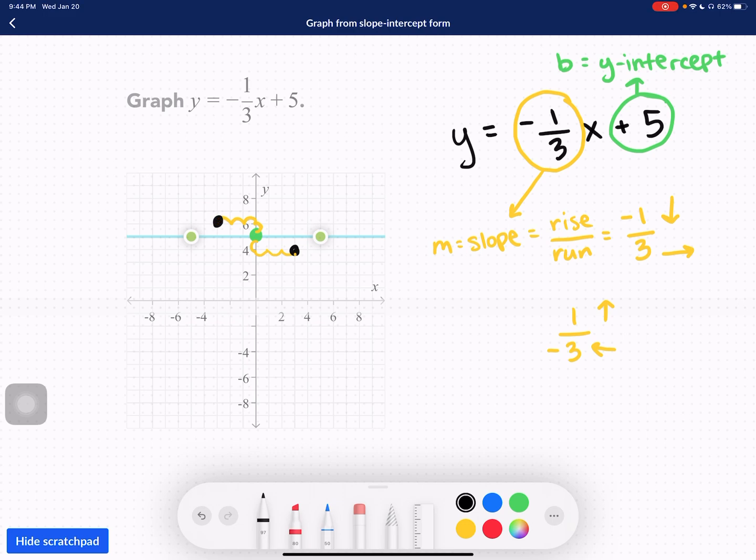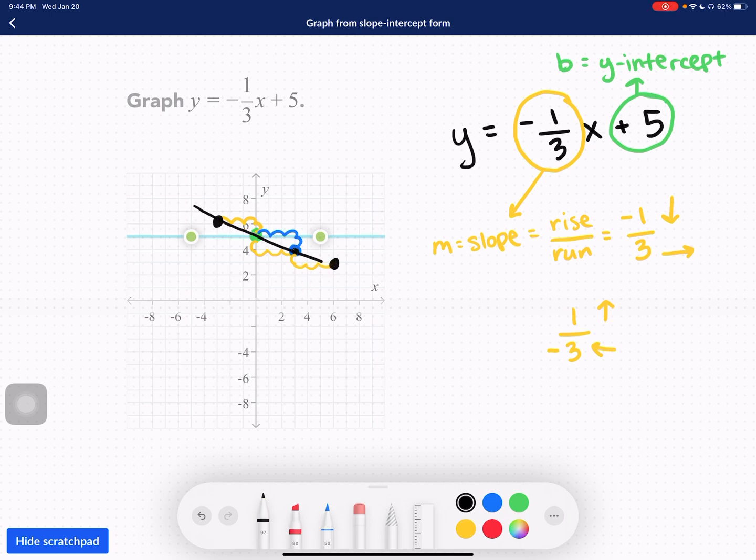It's still following the same pattern. If I had gone from this point that we already know is there and gone up 1 and back 3, I would just end up back at my y-intercept, which is perfect, right? So this is just proving to you guys it doesn't matter if it's on top or bottom. It's just going to change the direction you're going in, right? So I could keep on going here if you wanted to add more points to check.